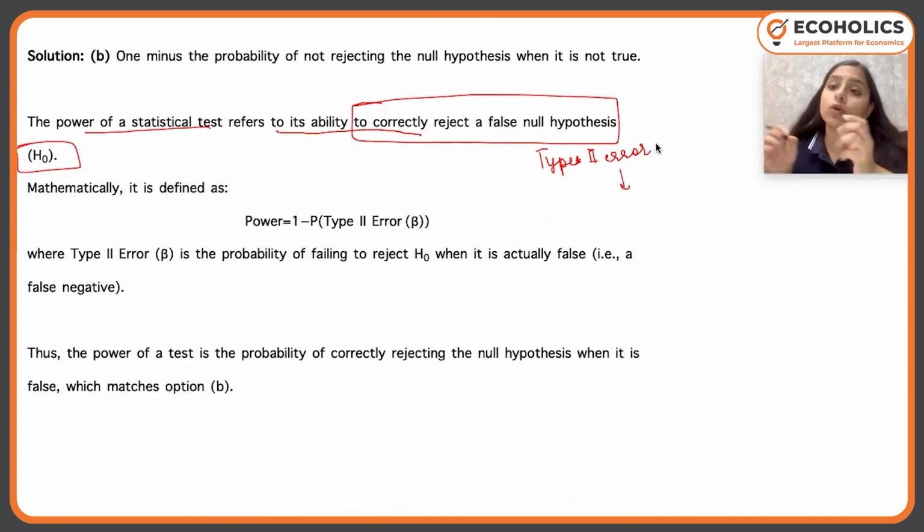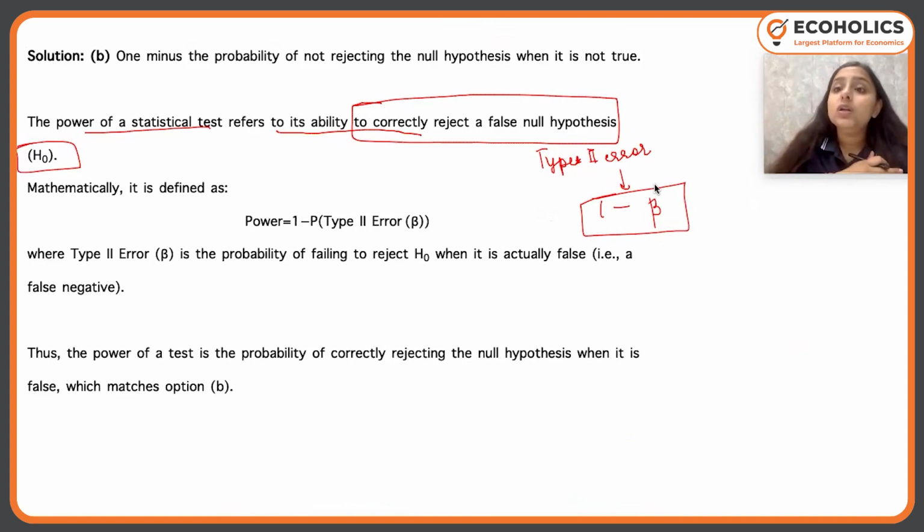It is false, but you are not rejecting. So I want it to reject when it is false. So one may say, if I subtract the type 2 error, I would get the probability that whenever it is false, I am going to reject it. So beta is not rejecting when it is false.